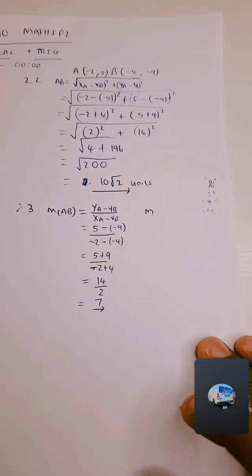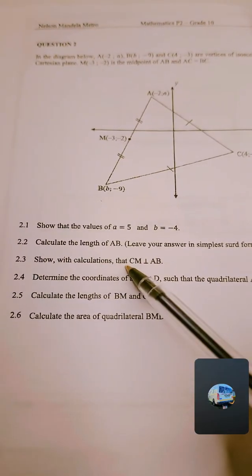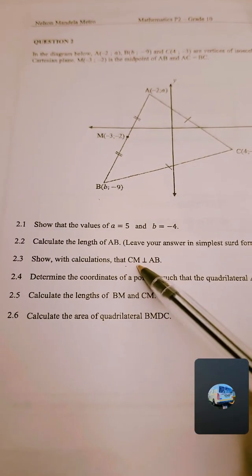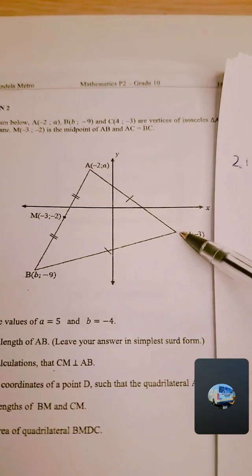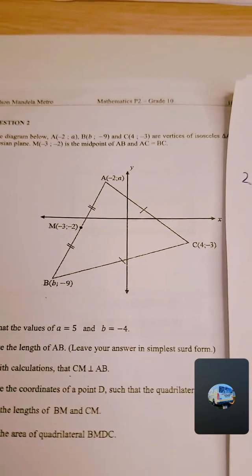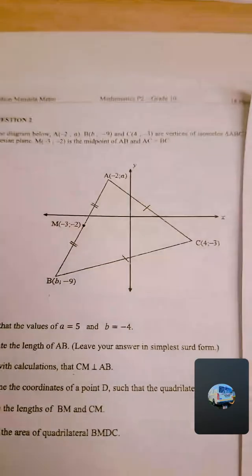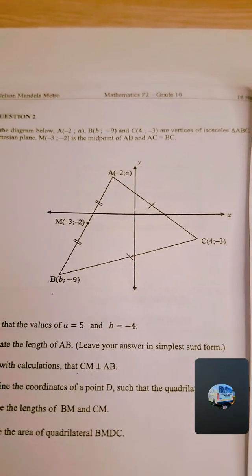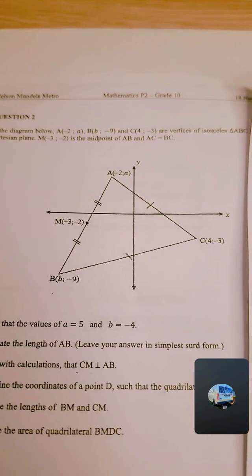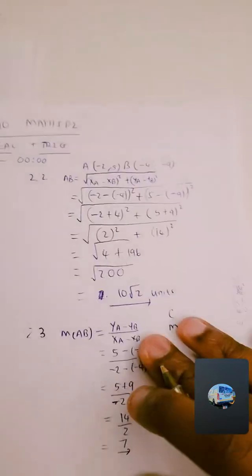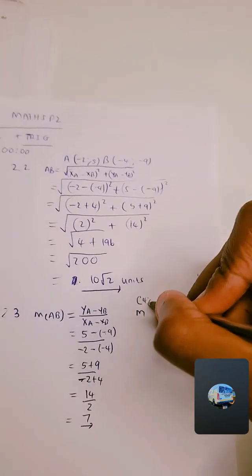Now we need to find the gradient of the other line segment, CM. So C is there, coordinates of C we are given 4 and -3. M we are given is -3 and -2. So C, 4 and -3.